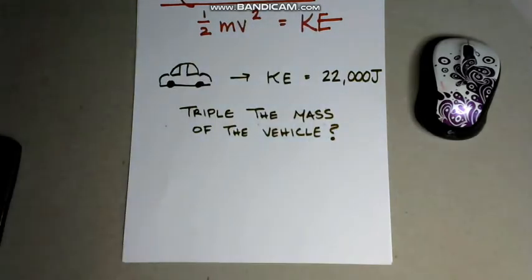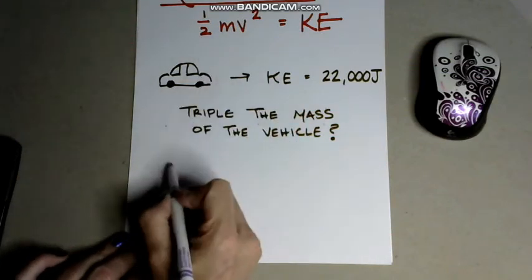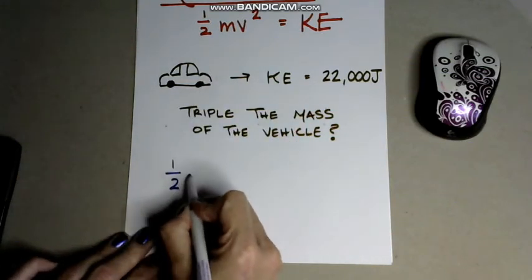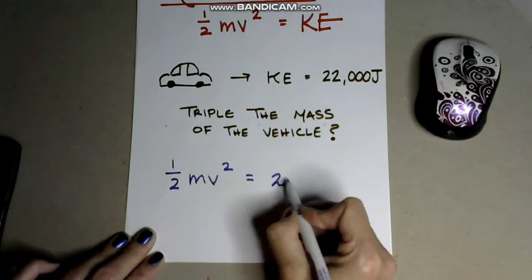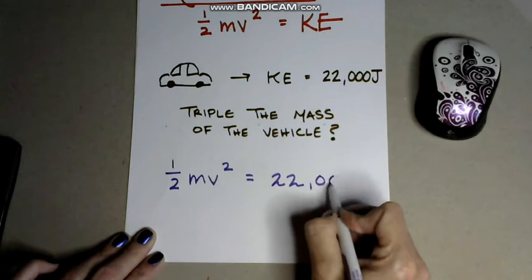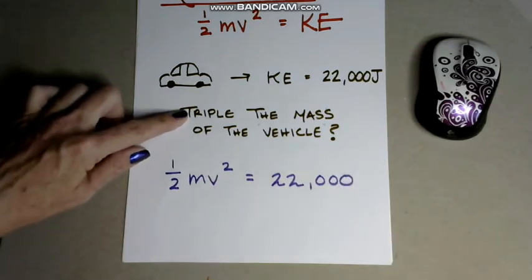So what I've told you on this question is that the 1/2 mv squared of the vehicle equals 22,000. Now I'm asking you to do what to the mass?